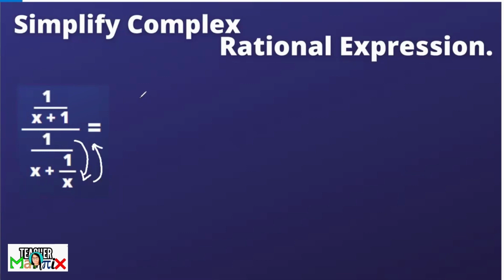Copy the first fraction, which is 1 over x plus 1, times, just like what I said, just flip the second fraction. This is the numerator. This is the denominator. Numerator, x plus 1 over x over 1.